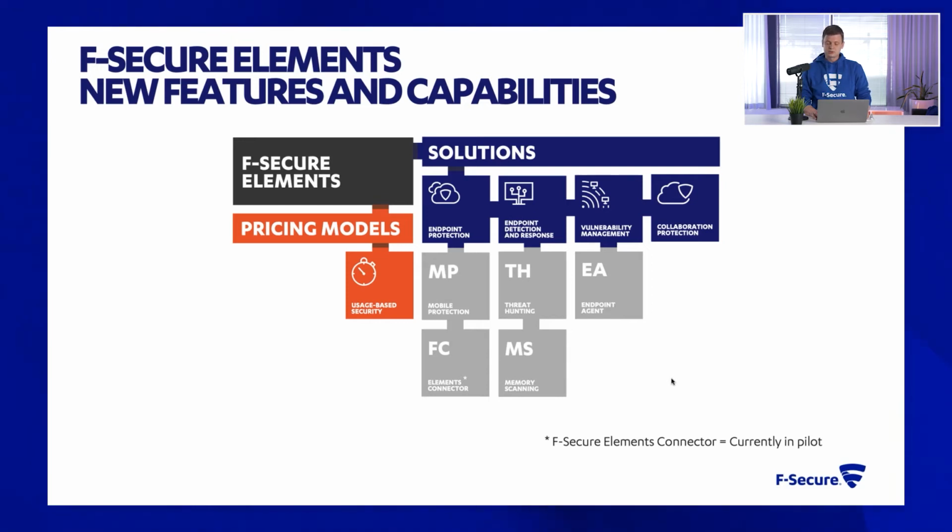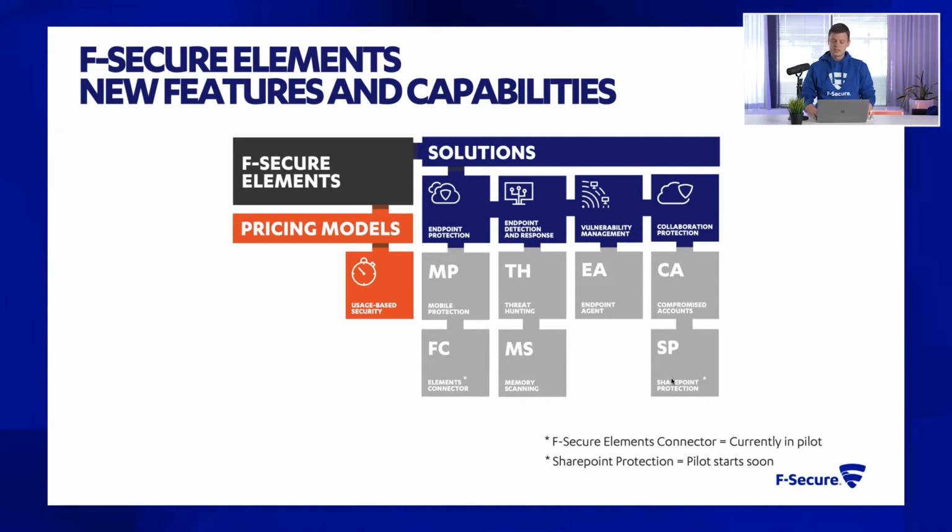Then collaboration protection means, at this stage, the Microsoft 365 platform. And one interesting thing there is compromised accounts, so we can find information if your company has any accounts that have been breached somewhere, or where the password is leaked somewhere, or it's just the email address.